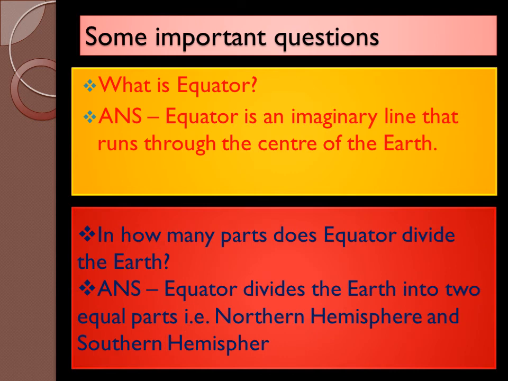Next question is, in how many parts does equator divide the earth? And the answer is, equator divides the earth into two equal parts, that is northern hemisphere and southern hemisphere.